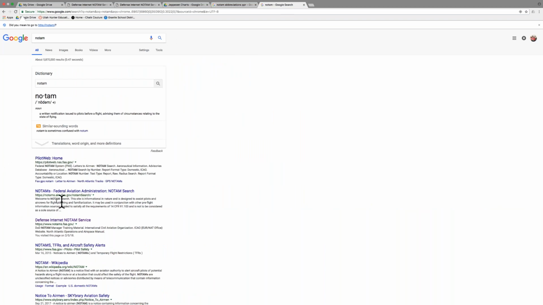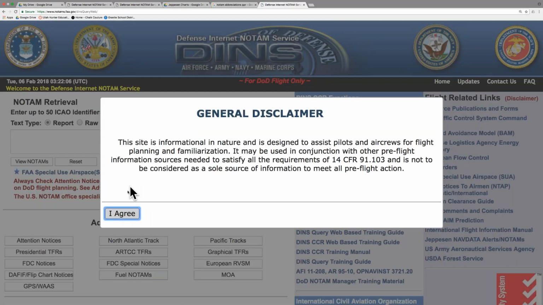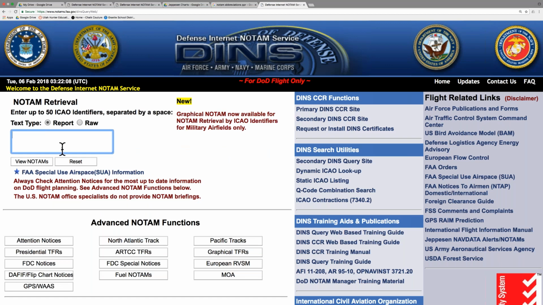And then click on this one actually, it's notams.faa.gov. And then you can come in here and type in airport codes, and then click on the raw and then view NOTAMs.